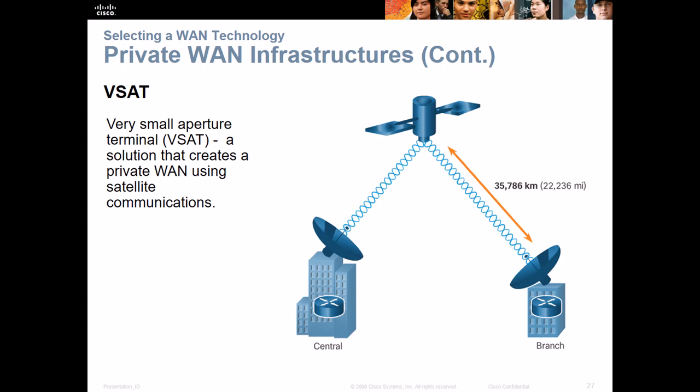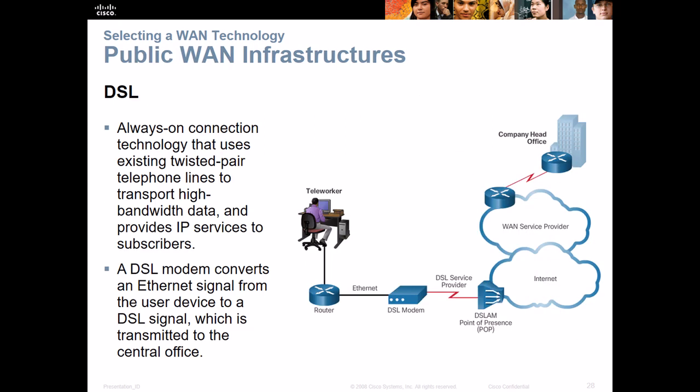The VSAT, the very small aperture terminal, that's for satellite WAN connection. Then you have the DSL. DSL will use your old plain old telephone system to send you digital data and voice. So when you have your DSL modem that connects to your DSL multiplexer, the DSLAM, you'll have voice and data.